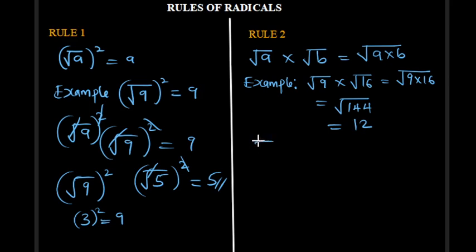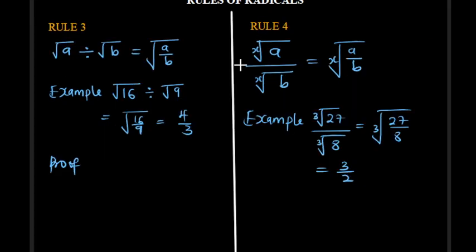Alternatively, you can do it this way: root 9 multiplied by root 16 is equal to the square root of 9, which is 3, times the square root of 16, which is 4, and this will give us 12. So anytime there is multiplication, just take the common roots and put the numbers inside the roots.